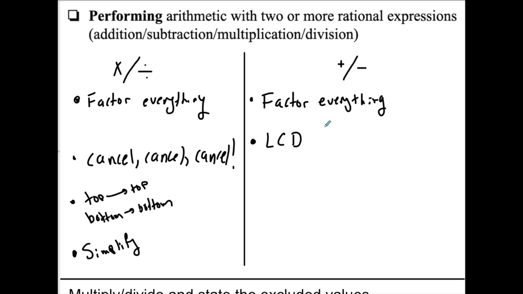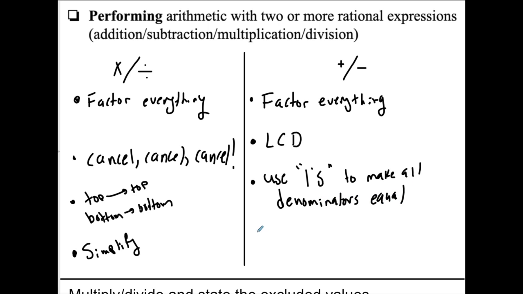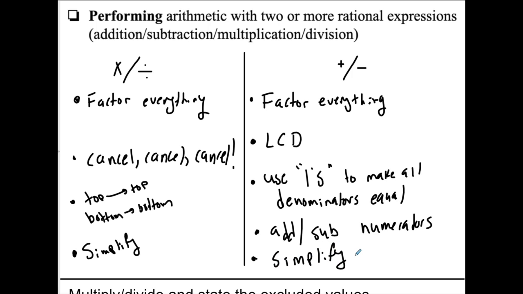Once we have the least common denominator, just like with fractions, we're going to use ones to make all denominators equal. And then we either add or subtract the numerators, depending on if we're adding or subtracting, and then we simplify as needed.